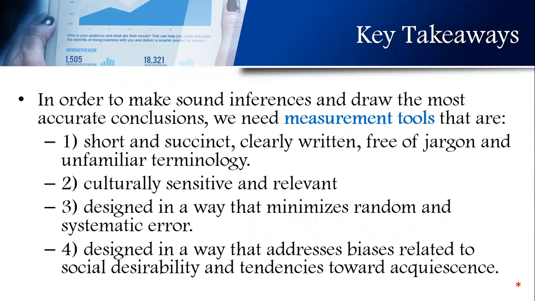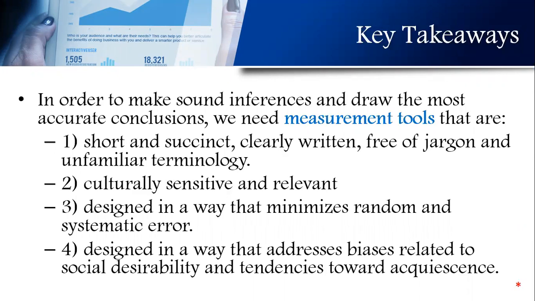So here are some key takeaways as it relates to measurement tools. In order to make the most sound inferences and draw the most accurate conclusions, we need measurement tools that are: 1, short and succinct, clearly written, free of jargon and unfamiliar terminology. 2, we need measurement tools that are also culturally sensitive and relevant.